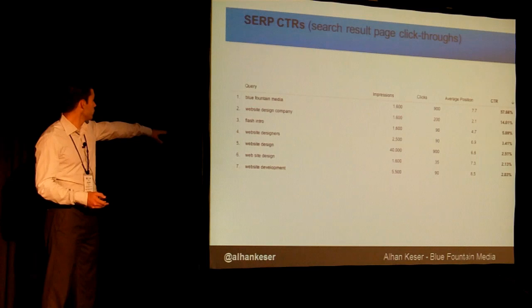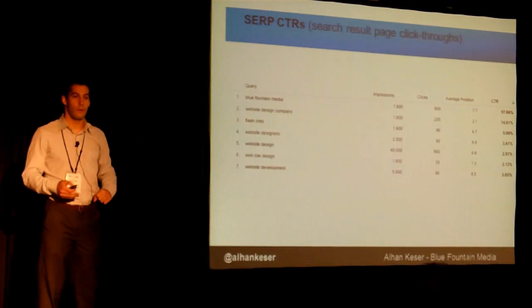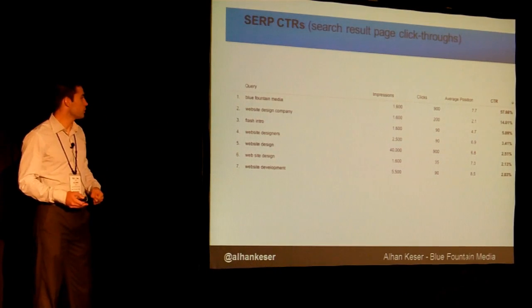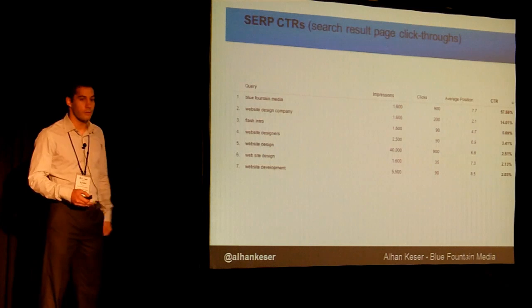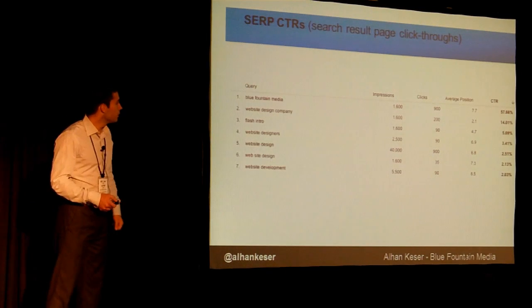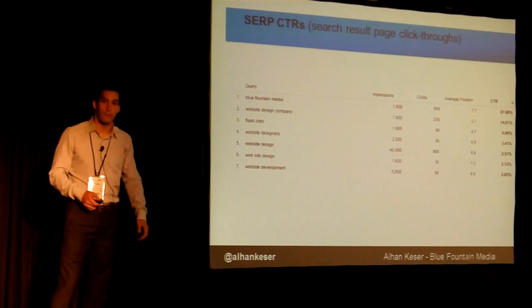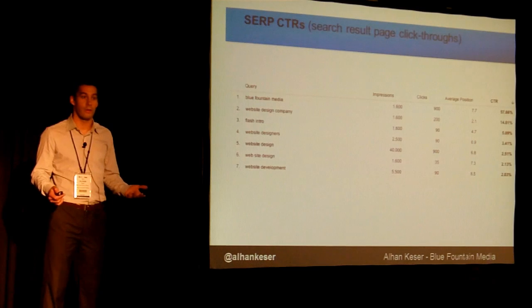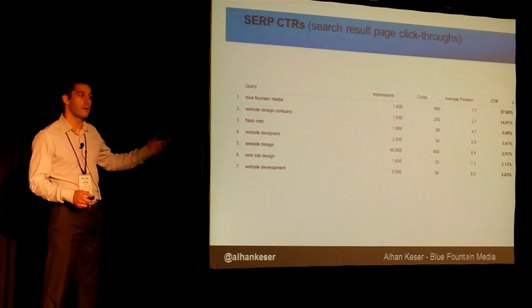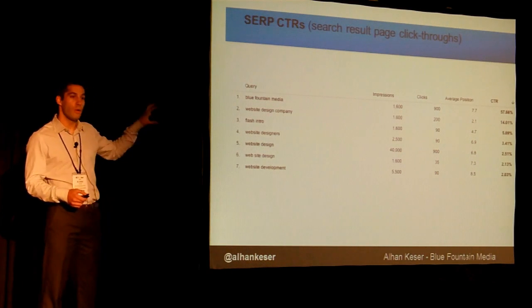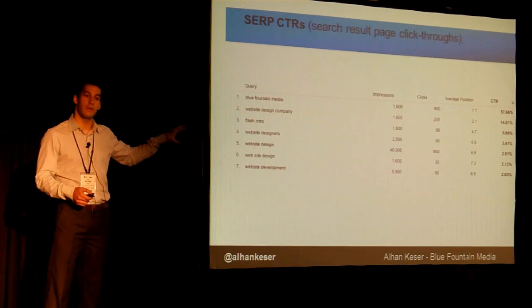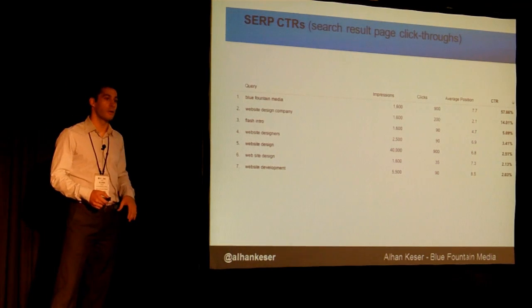But you go down and you see website design, 40,000 impressions and only 900 clicks. So that's a 2.5% click-through rate. There's a lot of potential there. So I want to see what I can do on that search result page when people are looking up that keyword.